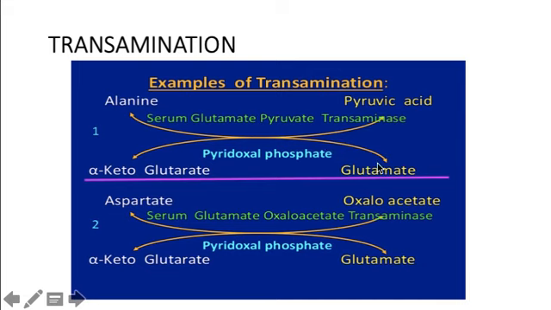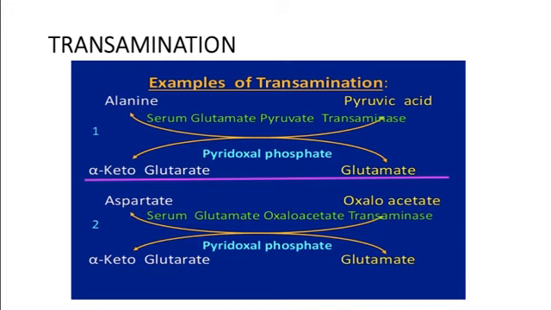So glutamate traps the ammonia group, right? Another reaction is aspartate plus alpha ketoglutarate, in the presence of serum glutamate oxaloacetate transaminase, and the coenzyme required here is PLP, gets converted to oxaloacetate and glutamate. So these two reactions you have to write as examples for transamination reaction.